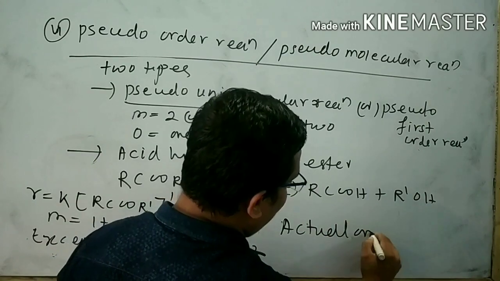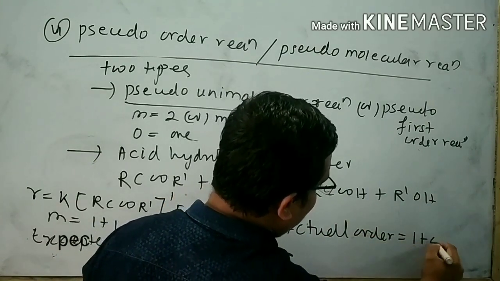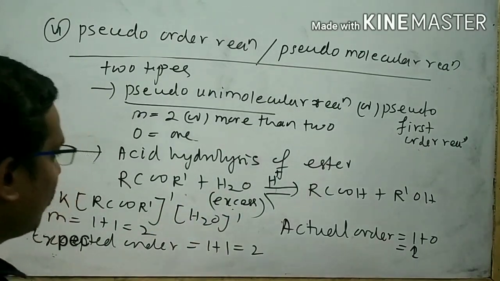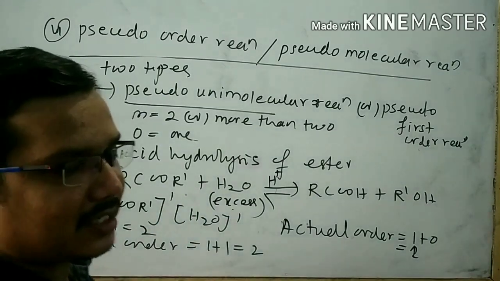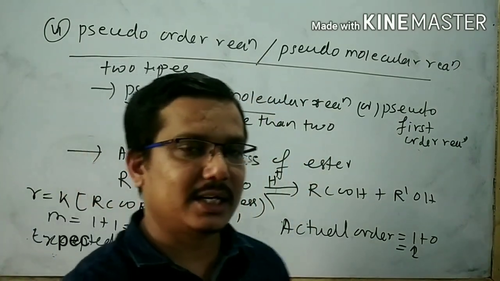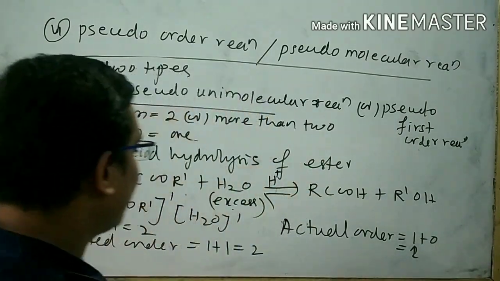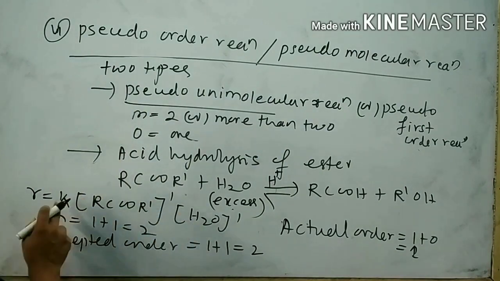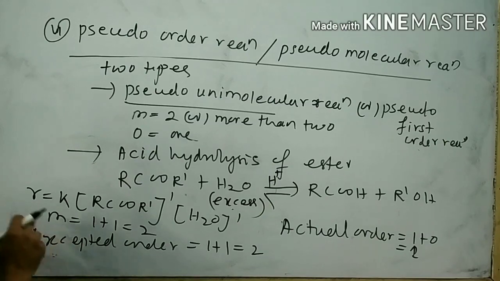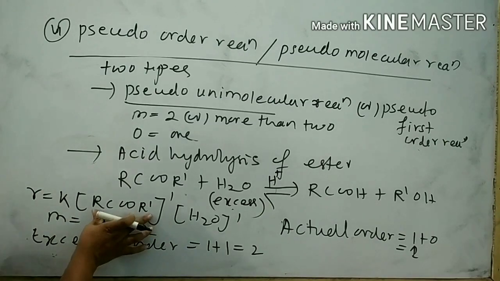Here the actual order is 1 plus 0, that is 1, because here water is taken in excess amount. We know that when a reactant is taken in excess amount, the concentration of the reactant is considered as constant. Suppose I put here constant, then this is also constant. Constant into constant is constant. That means R only depends upon this term.